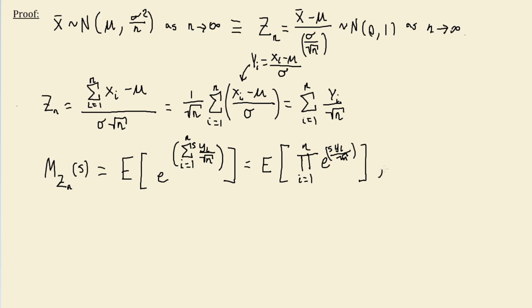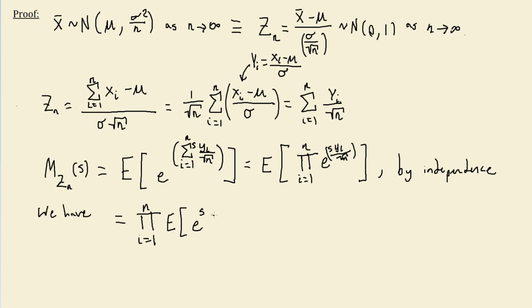And so by independence, we have that this is equal to the product from i equals 1 to n of the expected value of e to the power of s times y sub i over the square root of n.